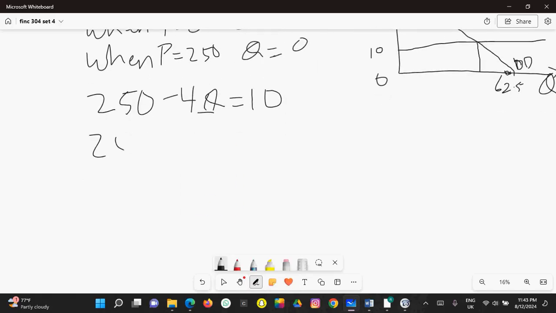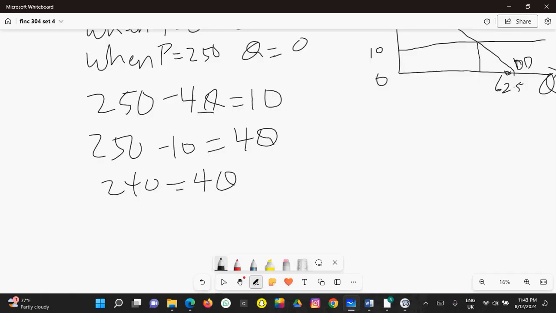So 250 minus 10 is equal to 4Q when grouping like terms. So now 240 is equal to 4Q.